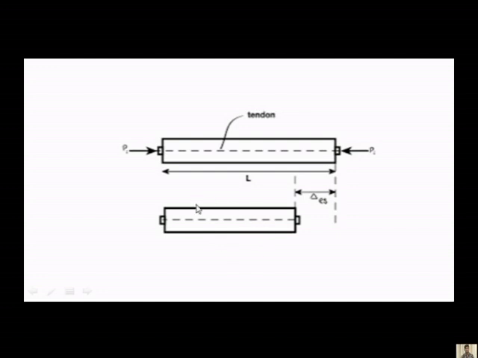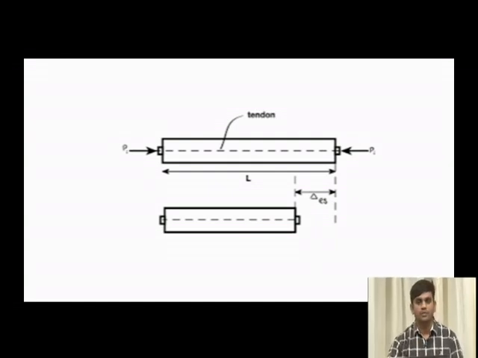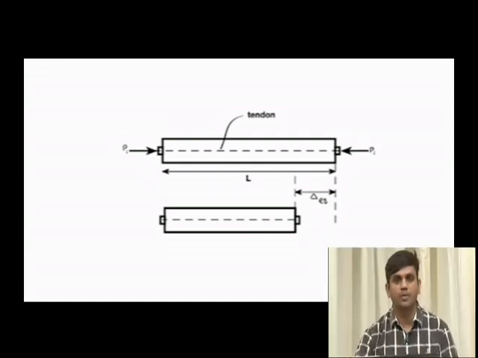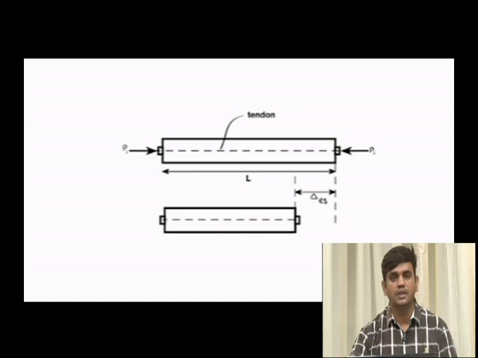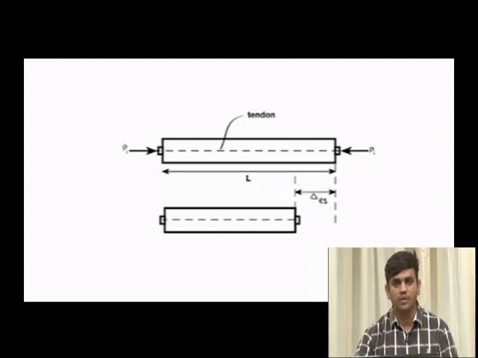In strain we are measuring only a geometrical value, and strain doesn't have any unit. When you divide change in length by original length, the length units get cancelled, and strain is a constant value without any units. Whereas the unit of stress is Newton per mm square, load by area. Strain is change in length divided by original length, no unit.